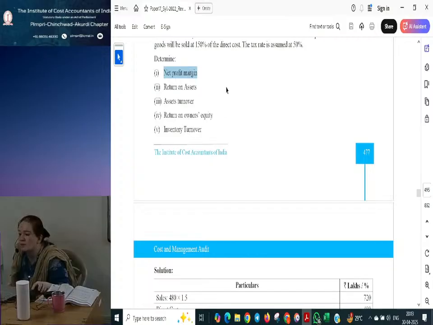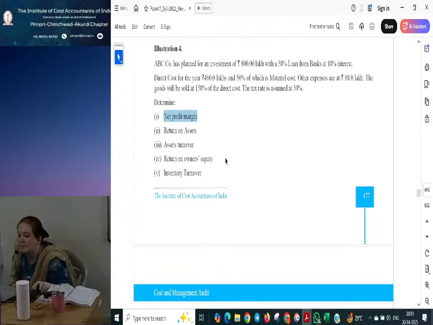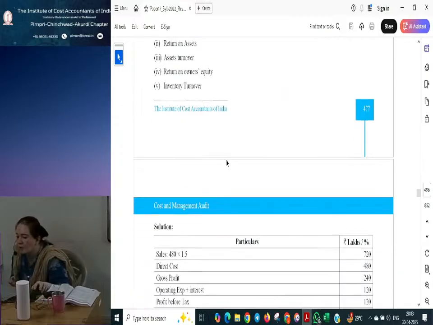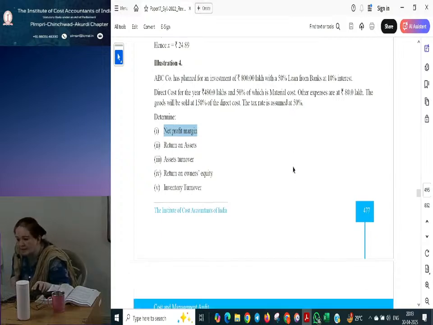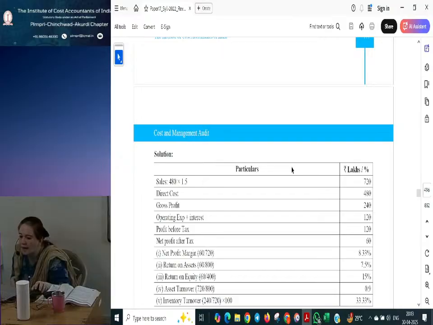But you have to calculate the net profit margin, so you have to arrive at net profit. From gross profit 240, what is the next thing? 50% of which is material cost, so 480 into 50%, 240. Other expenses are 80 lakhs, so 240 plus 80, 320. Direct cost is 480.